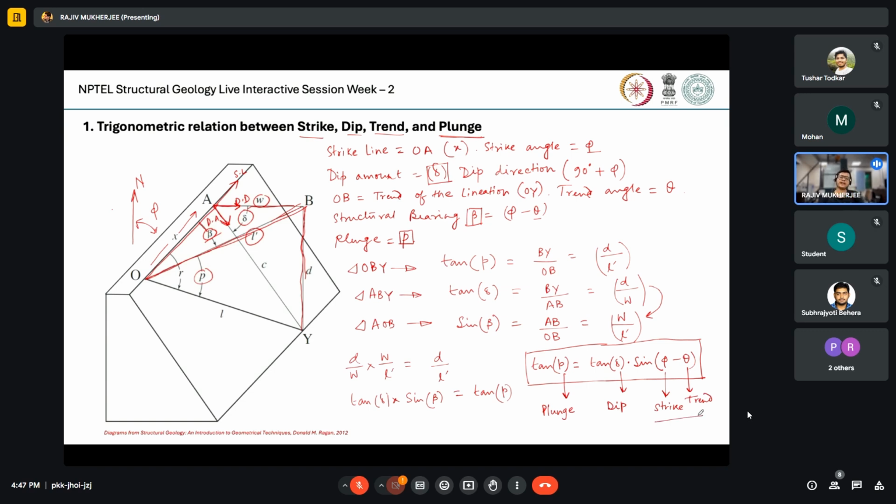So this is the simplified trigonometric relation between strike, dip, trend, and plunge. Tan of plunge is equal to tan of dip multiplied by sine of the difference between strike and trend. So this is the first trigonometric relation that we just derived. So I will pause for a minute and then we will go for the next derivation.